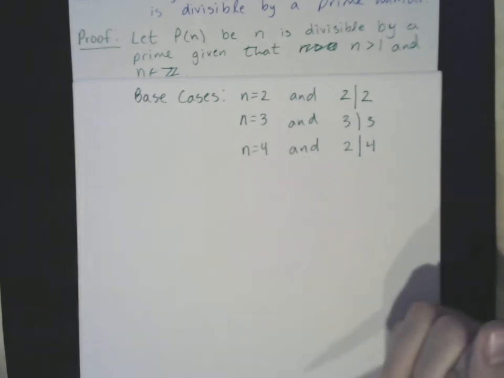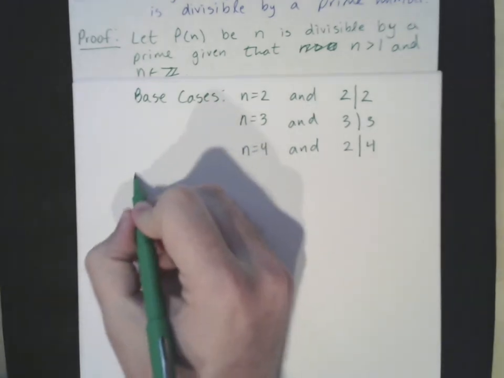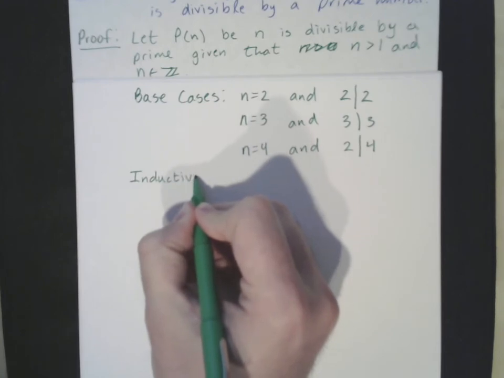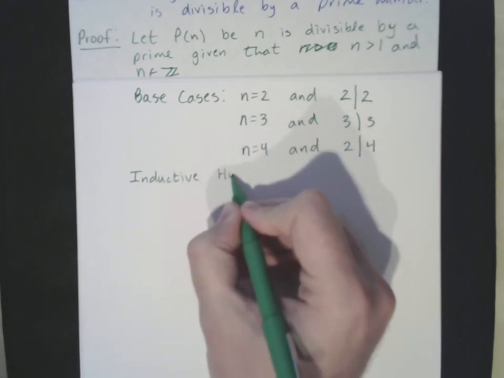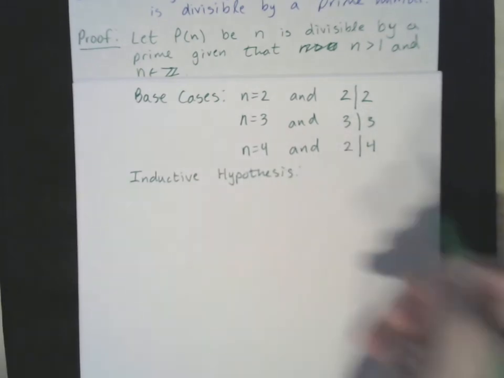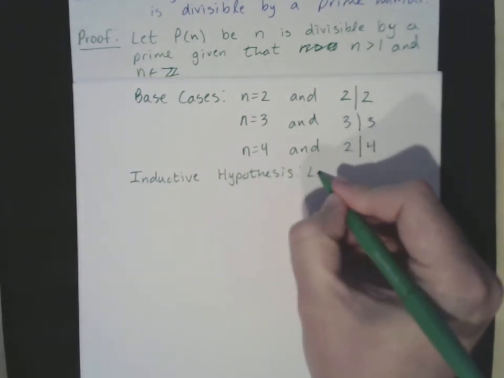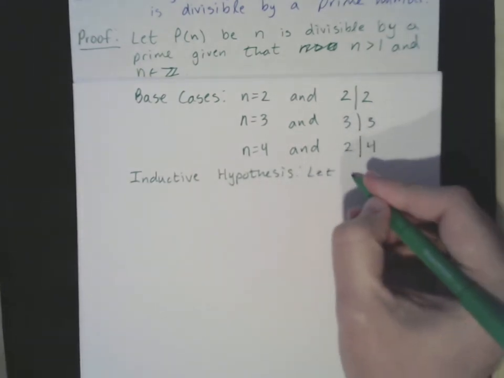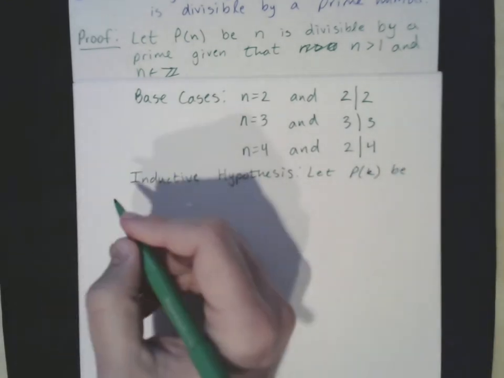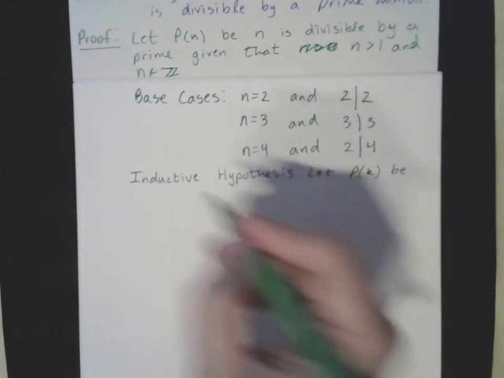That's a non-prime. So now our inductive hypothesis will be to let P of k be true.